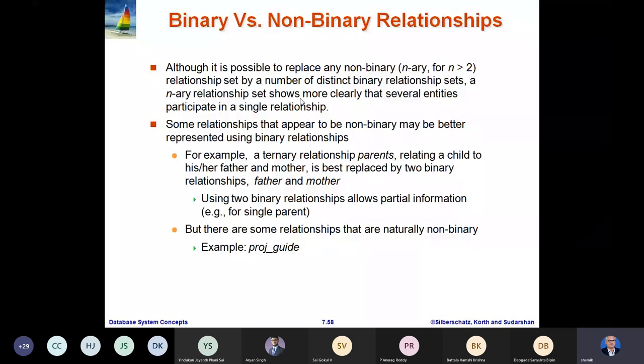So initially you can have a ternary relationship to show, and then you can break it up into multiple binary relationships. A ternary relationship, parents, relating a child to his father and mother, is best replaced by two binary relationships, father and mother. So for a child, you could break up a ternary relationship into two binary relationships.